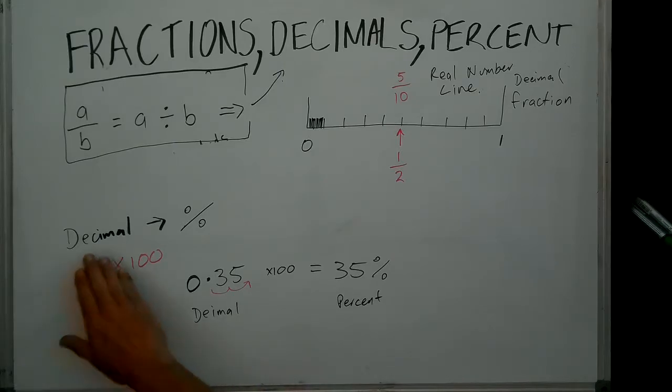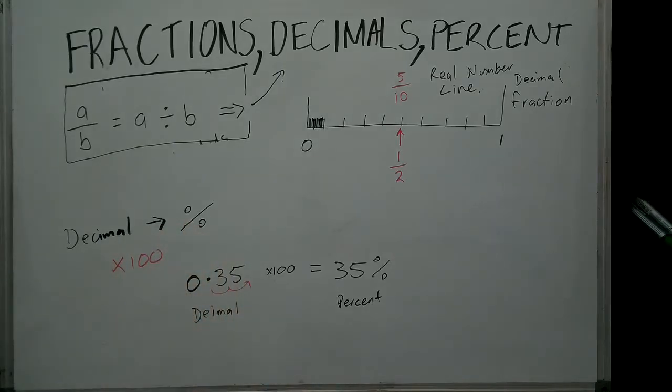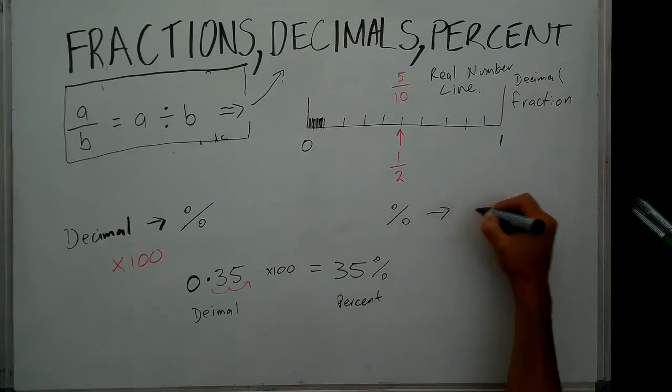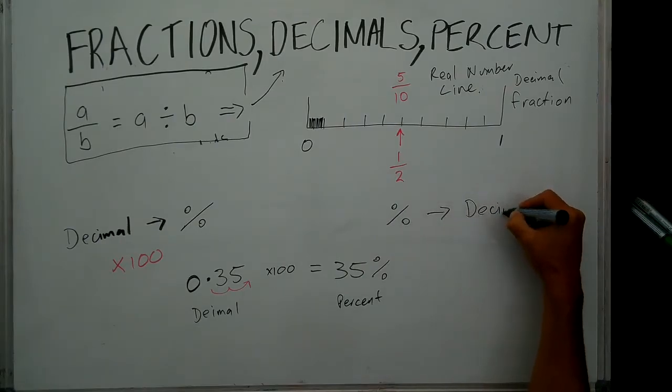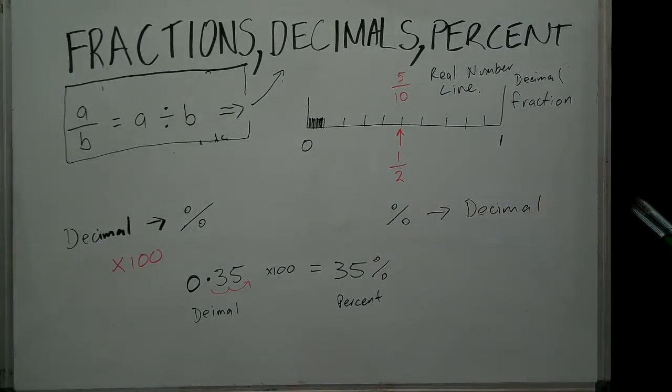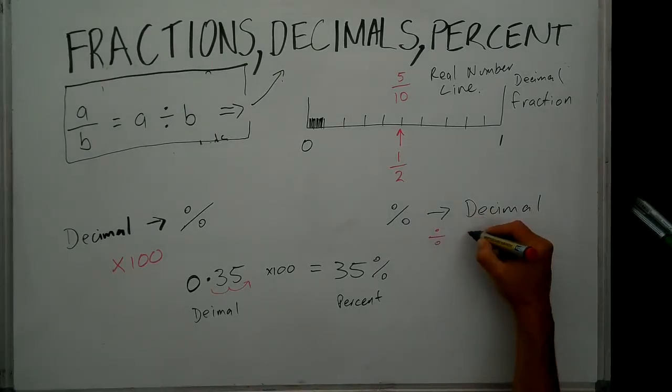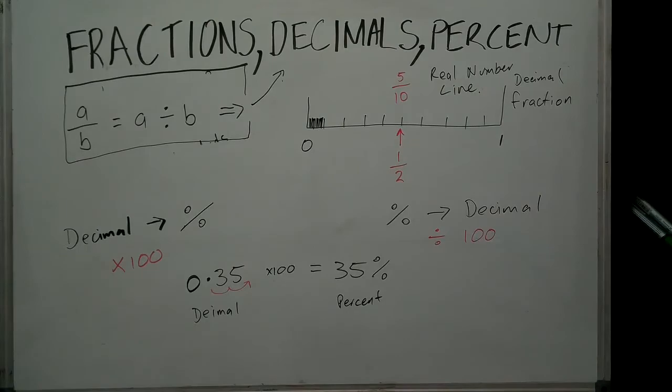So to go from a decimal to a percent, we multiply by 100. And to go back the other way, we just do the opposite of this. And so we divide by 100, which really means shifting the decimal place 2 places in the opposite direction.